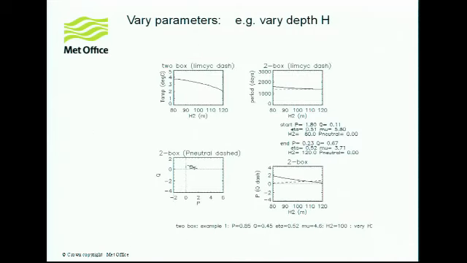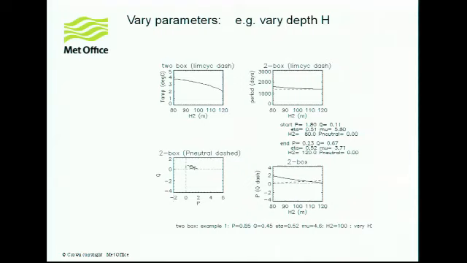And you can play this game with other sorts of parameters. Here's one where you vary the depth of the thermocline. People have postulated, I'll show a picture in a moment, that under greenhouse gas scenarios the depth of the thermocline is going to become shallower in the tropical Pacific region. I should really vary several parameters simultaneously, but I think you get some insight just from varying them one at a time.